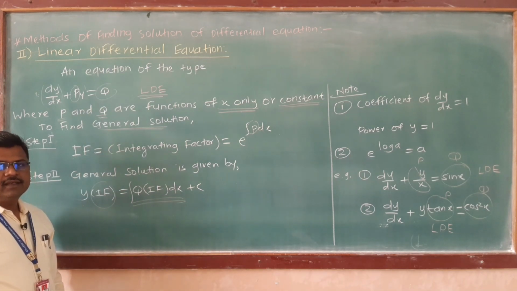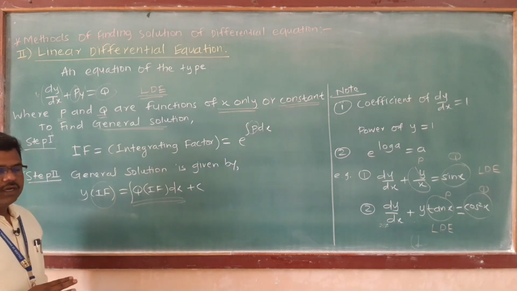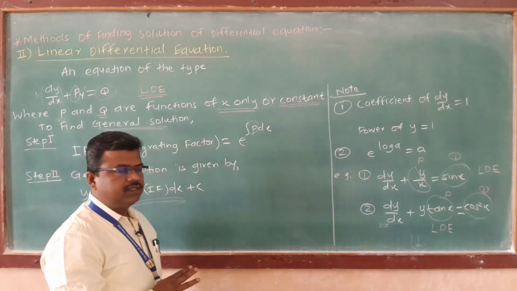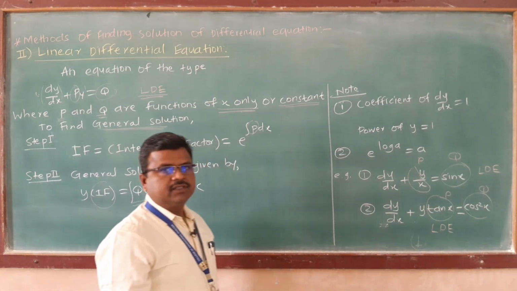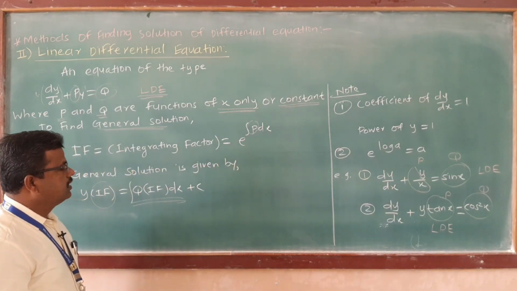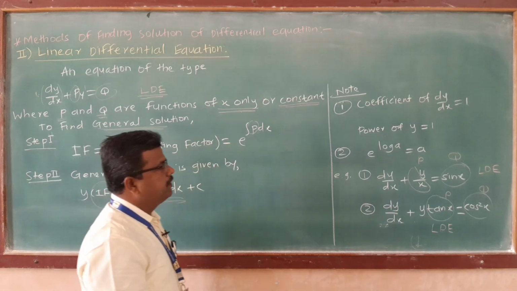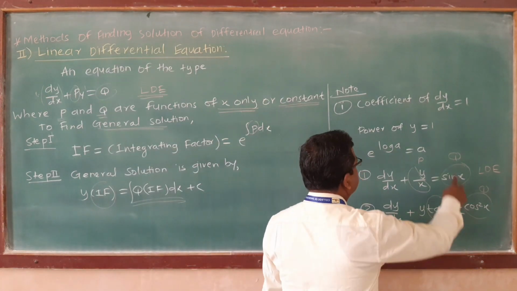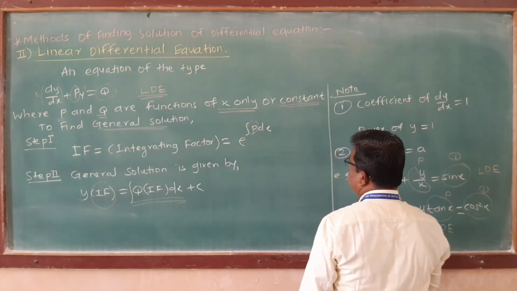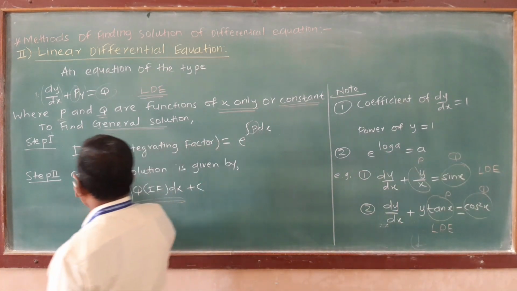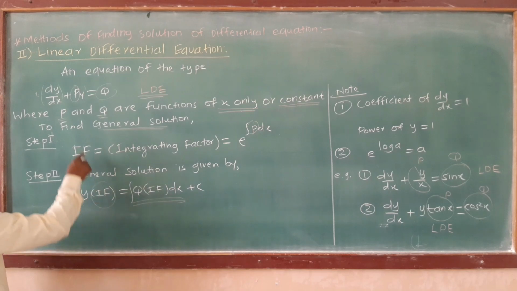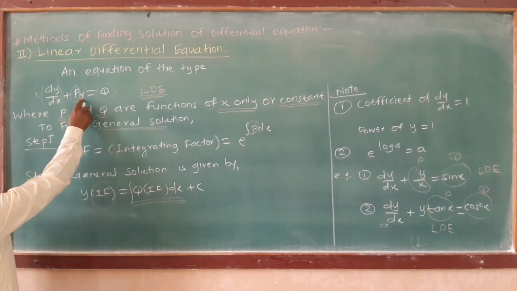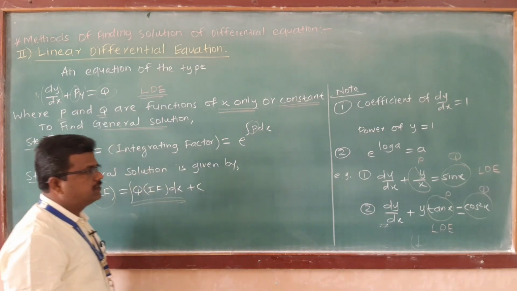Now while finding the general solution of this differential equation, you have to take precaution. हे linear differential equation सोडवत असताना कोणती precaution घ्यायची ते पहा. आधी या dy by dx चा कोएफिशिएंट 1 असायला पाहिजे. इथला dy by dx त्याचा कोएफिशिएंट 1 पाहिजे. नेक्स्ट पॉवर ऑफ y हा p चा कोएफिशिएंट y त्याची पॉवर ऑफ y 1 असायला पाहिजे.